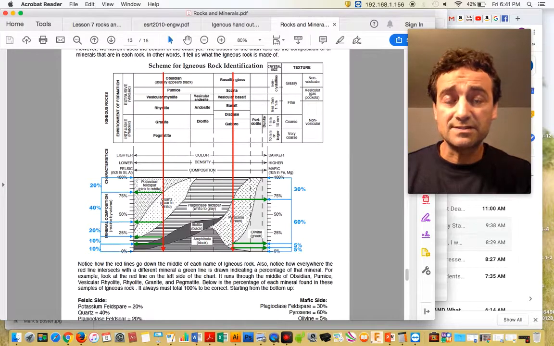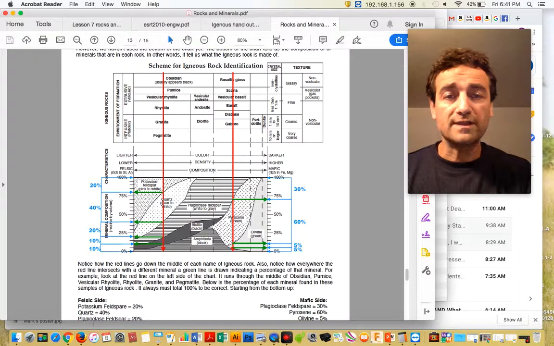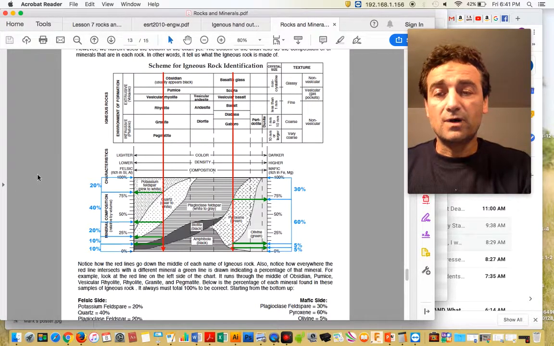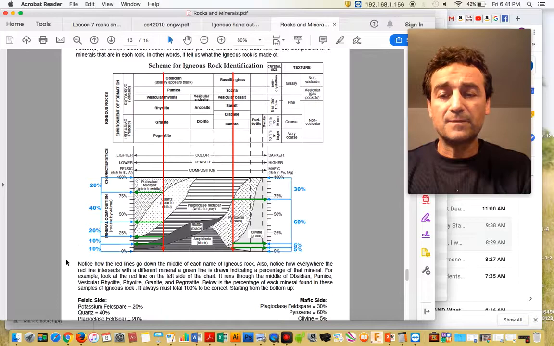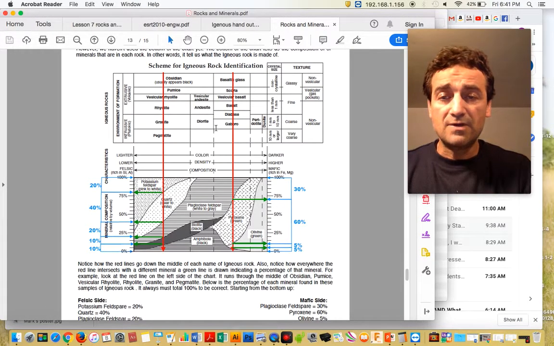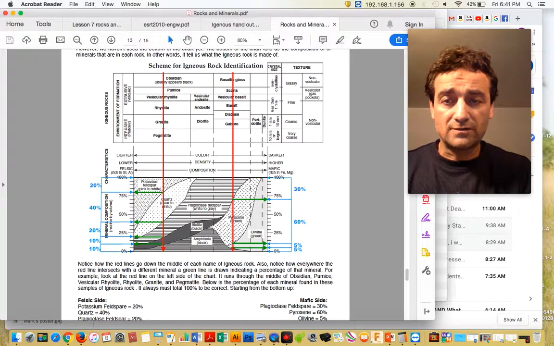Well, those percentages are what the composition of the rock is, what minerals are in that rock. Okay, so I'm going to zoom in. Now, you read the bottom here so that you understand what's happening. But it's going right down the middle of all of these rocks.